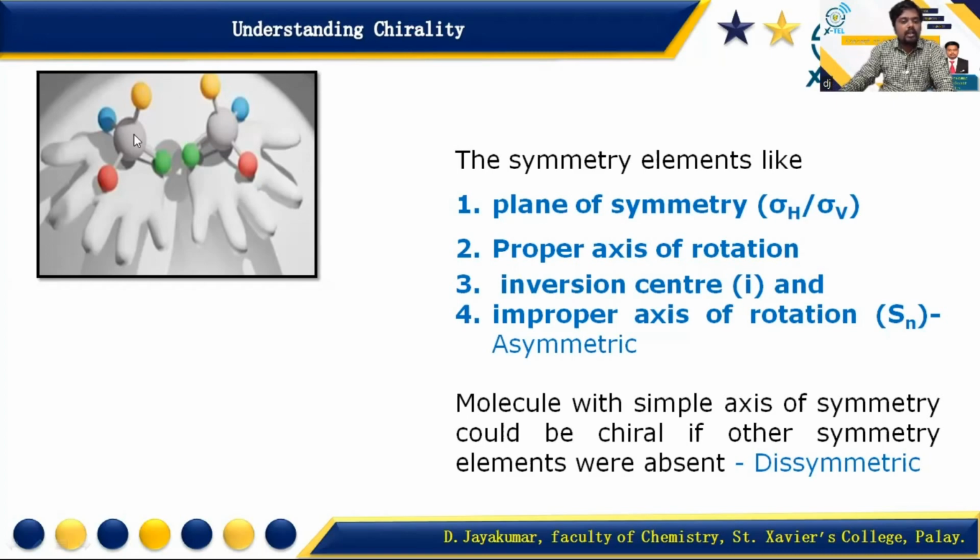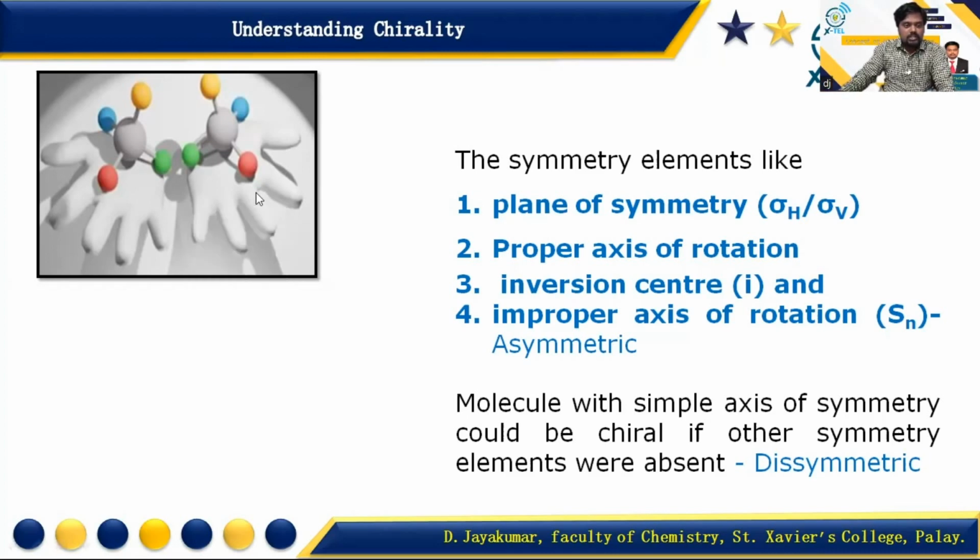And why does this chirality happen? This can be very well reasoned by the symmetry aspect. We know that there are 3 symmetry operations, say reflection, rotation (which could be simple rotation or complex, otherwise improper rotation), and inversion through a center.